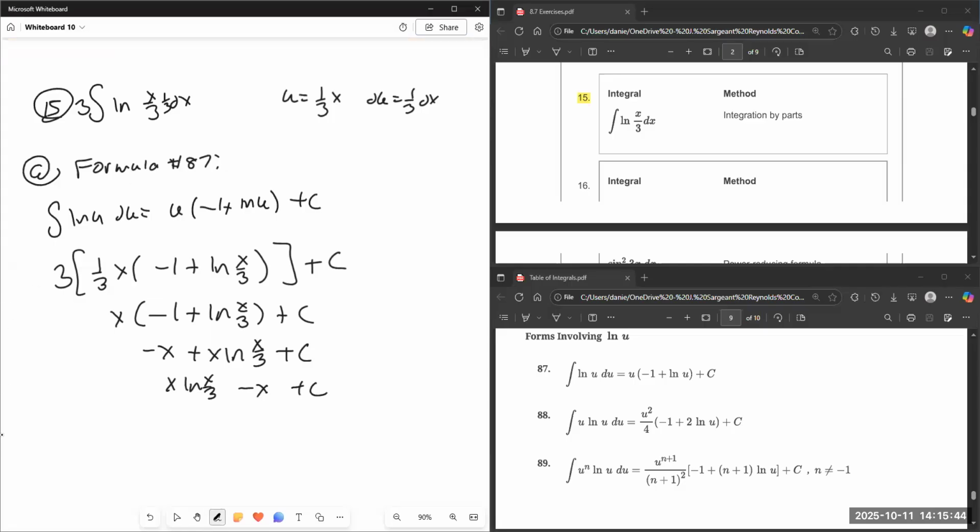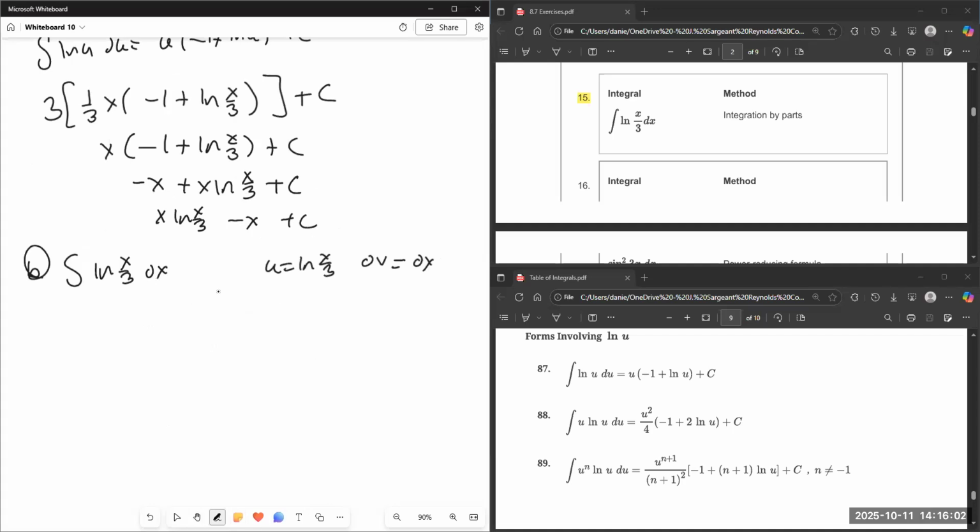Let's integrate by parts now. Integral of ln of x over 3 dx. U is ln of x over 3. dv is dx. So du is the reciprocal of the argument times the derivative of the argument, which is going to be 1 over x dx.